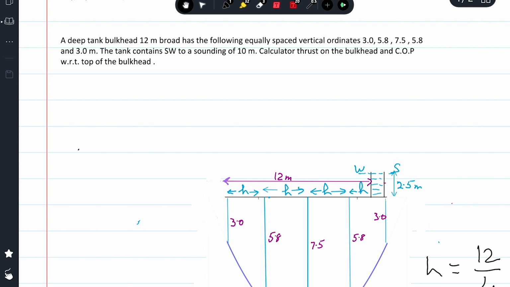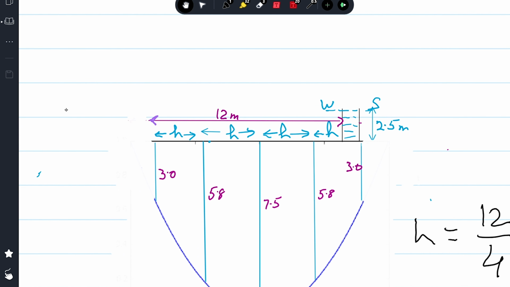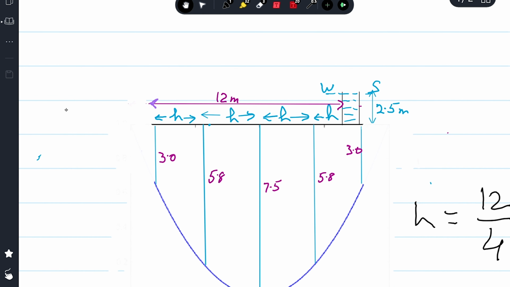And if you just look at the drawing of this bulkhead, it is the top of the bulkhead, 12 meters broad, and it's divided at equal intervals by these vertical ordinates 3, 5.8, 7.5, 5.8 and 3.